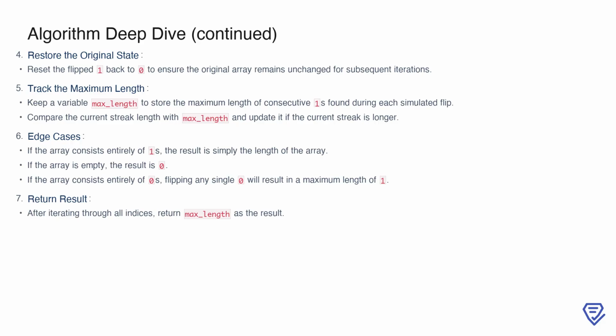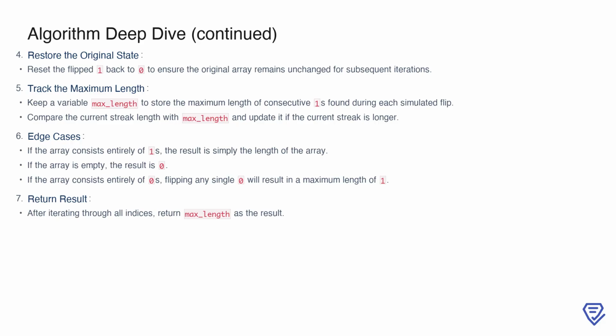Throughout this process, we maintain a variable called max_length to track the maximum length of consecutive ones found so far. For each simulated flip, we compare the current streak of ones in the modified array to this max_length, updating it whenever a longer streak is found. We also account for special edge cases.